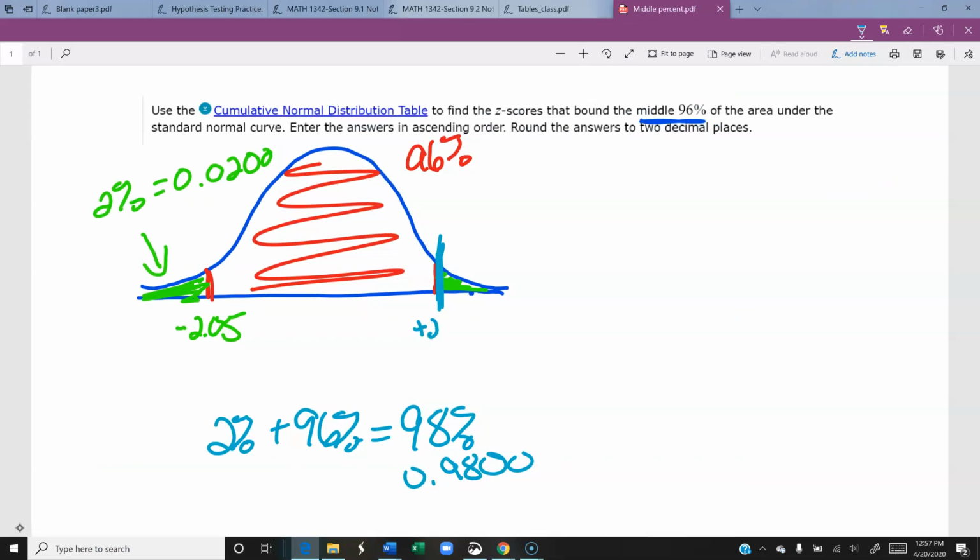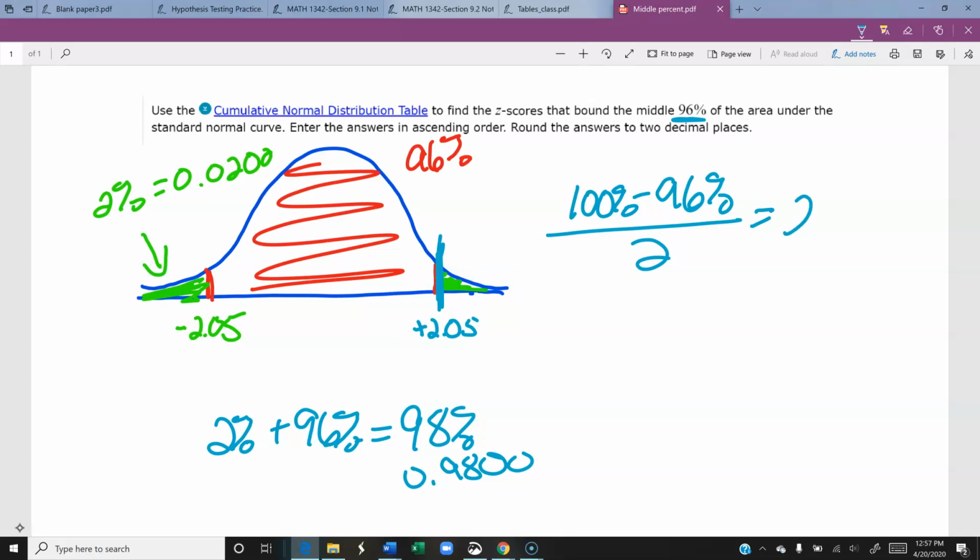So again, positive 2.05. Anytime you're wanting a middle percentage, what you're going to do is take that middle percentage, the 96%, subtract that from 100%, and then divide by 2 because you want it on both sides.